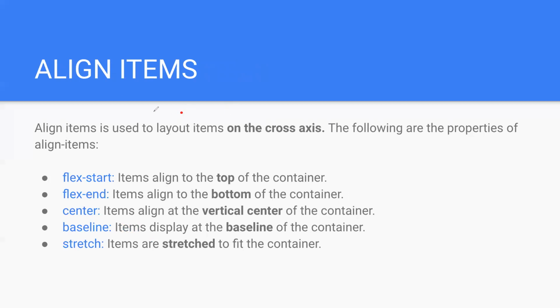So let's say the best way to see how baseline works is you have to have two different sizes of text or two different components or something like that, right? So let's say I have my name here, all right?